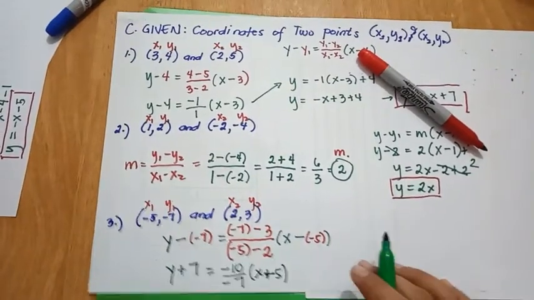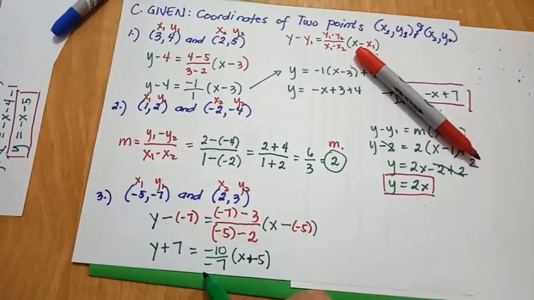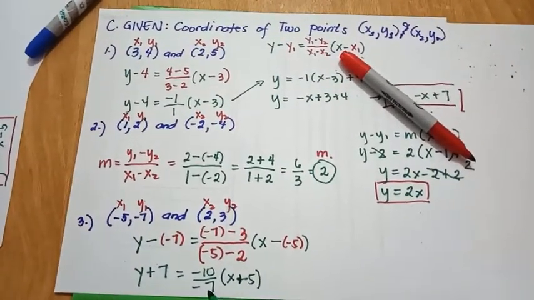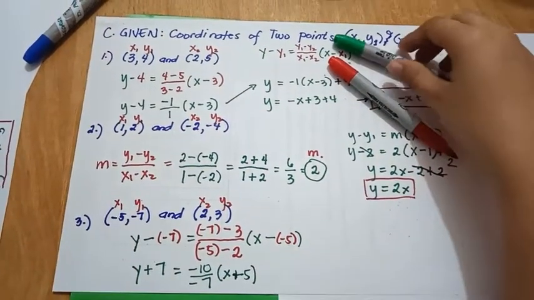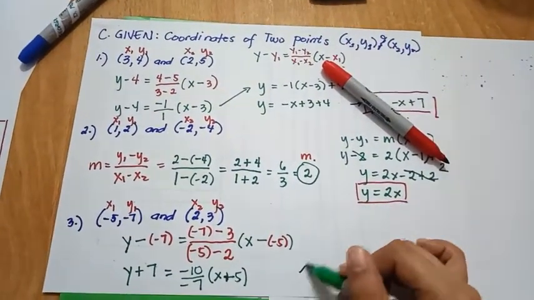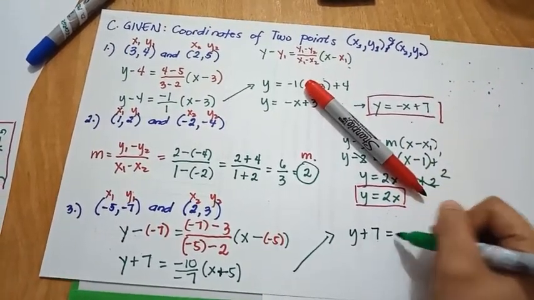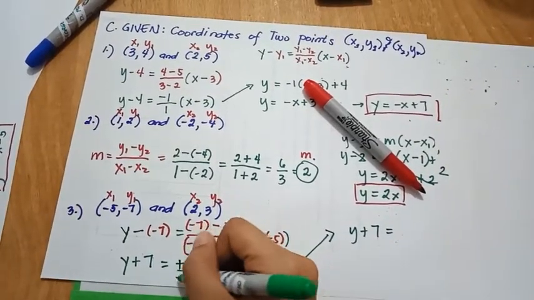Okay? So we can further simplify this part by dividing negative by negative. Always remember, when you divide or multiply negative by another negative, the result will be positive. So for our next step, we have y plus 7 equals 10 sevenths times x.